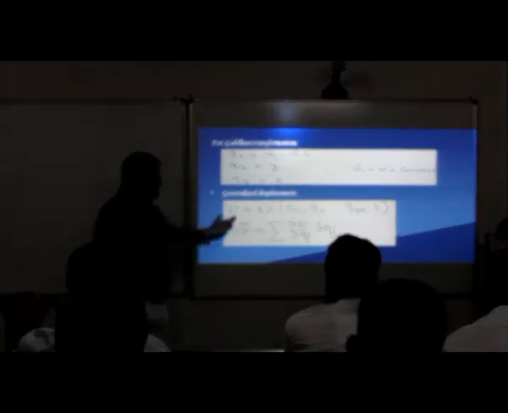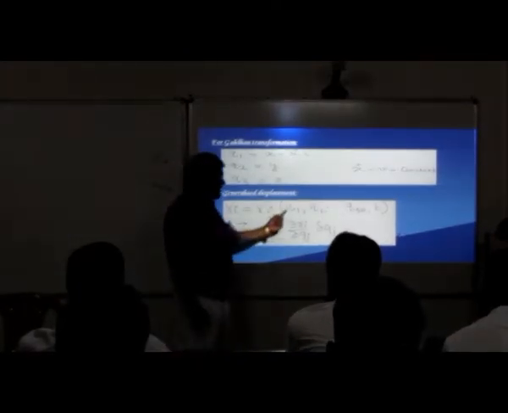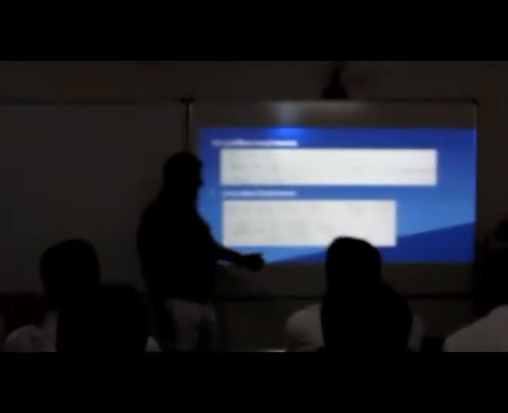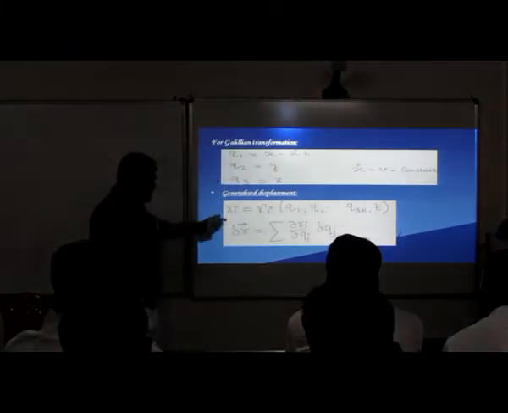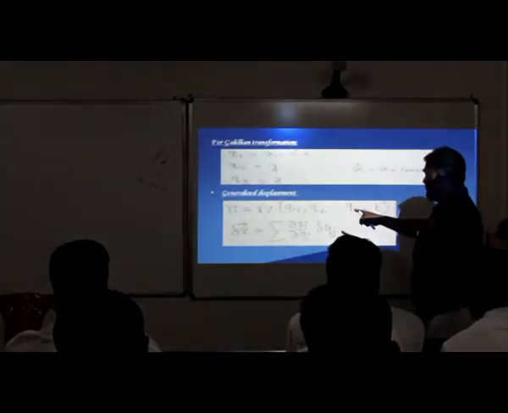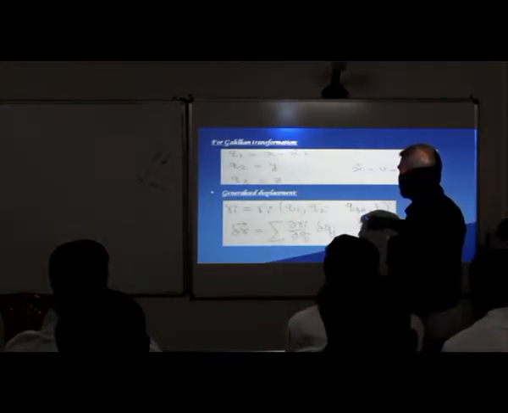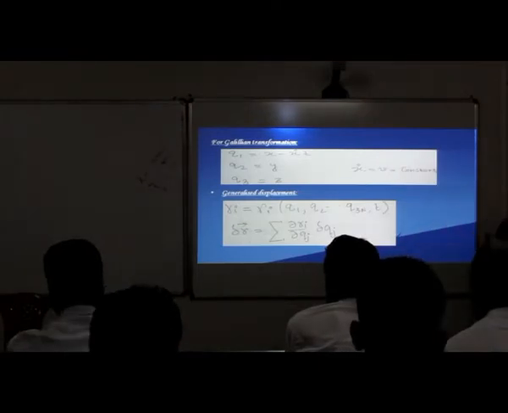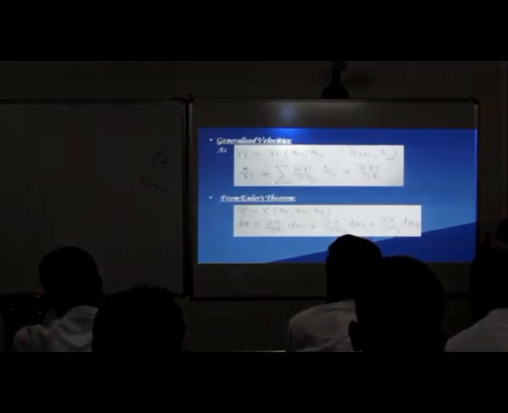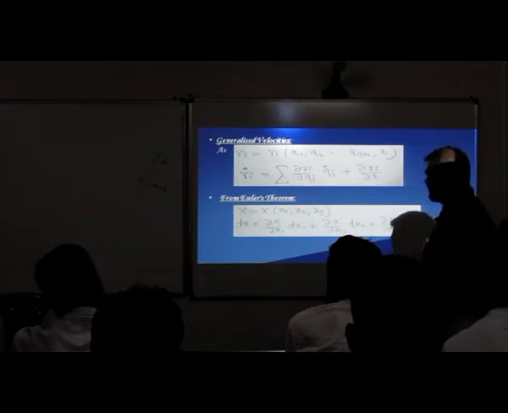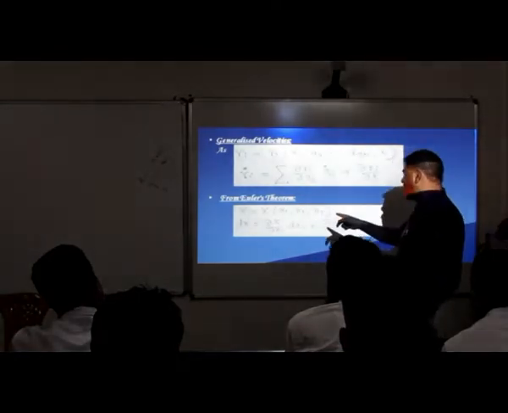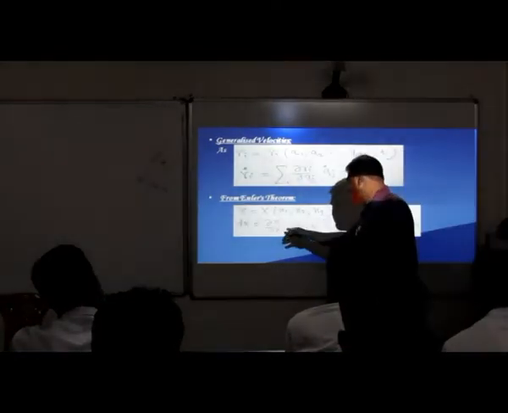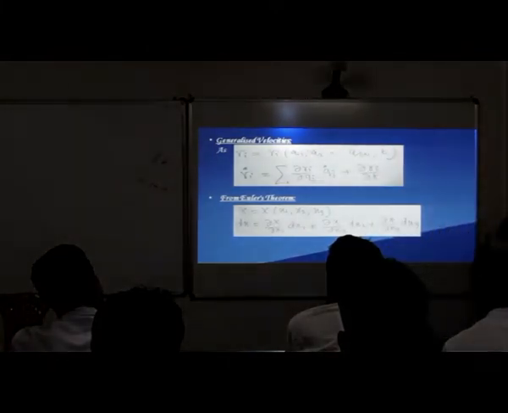That means the position vector depends upon the q1 coordinates, q2 coordinates, up to q3n, and on time. And displacement is expressed as the summation of del ri divided by del qj times dqj. Similarly, these can be obtained from Euler's theorem. X is a function of x1, x2, x3 and dx is equal to this and this. Okay?